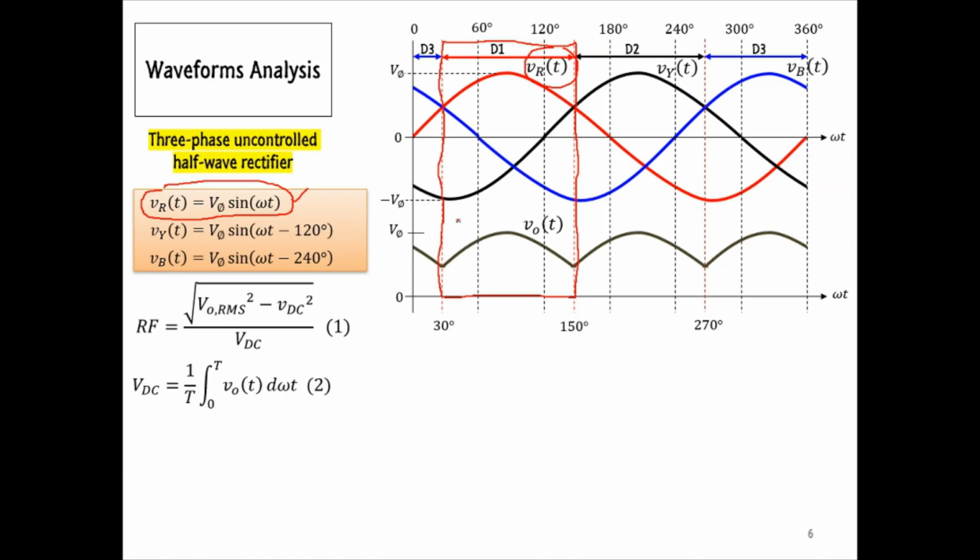By referring to the output voltage waveform within this range, the period value is equal to 120 degrees and the range of the integral function is between 30 degrees to 150 degrees. Make sure you convert all these angle values into radian values.